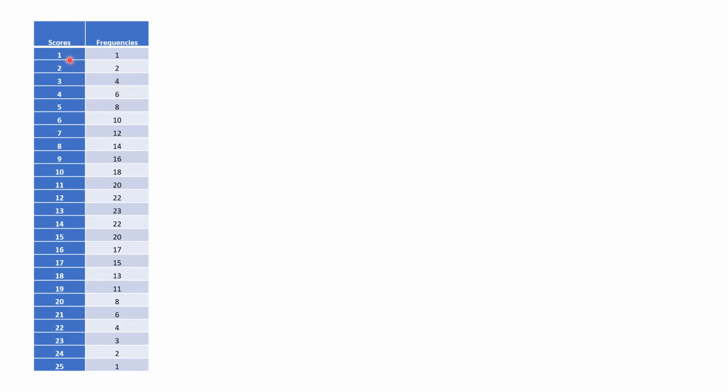For the score of 1, the frequency is 1. That means one student got the score of 1. For 25, the perfect score, only one student got a perfect score. And as we see here, at the score of 13, 23 students got 13 points. So this score has the highest frequency.